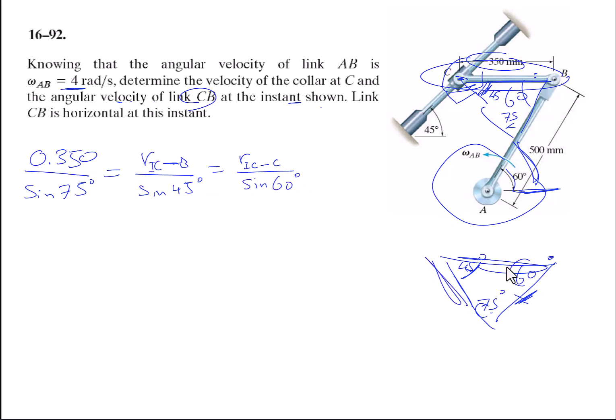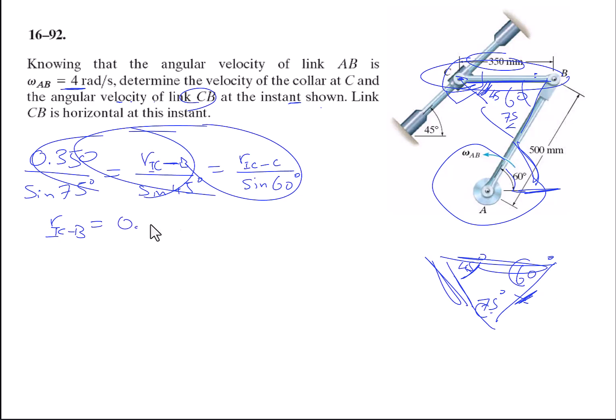We could also compute from this. So the instantaneous center with respect to B is calculated as 0.2562 meters, and R of IC with respect to C.